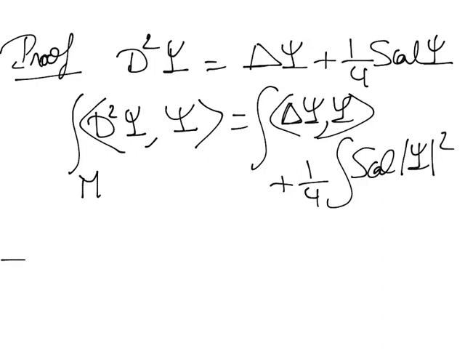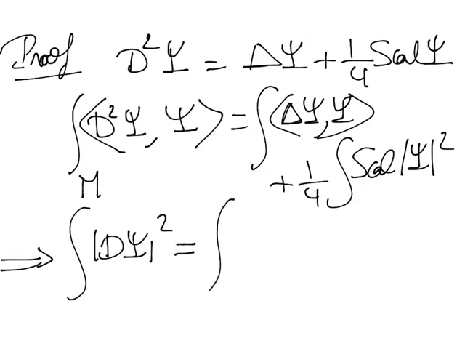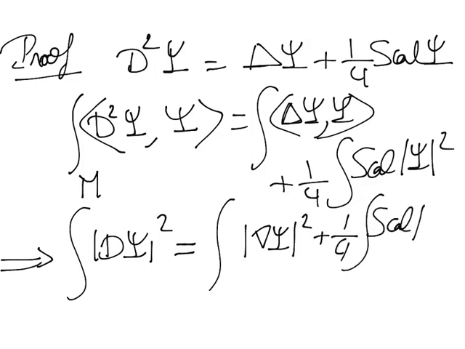But D is formally self-adjoint, so this is the norm of D psi squared, and the Laplacian term is the norm of nabla psi squared plus 1 over 4 the integral of scalar curvature times norm psi squared.